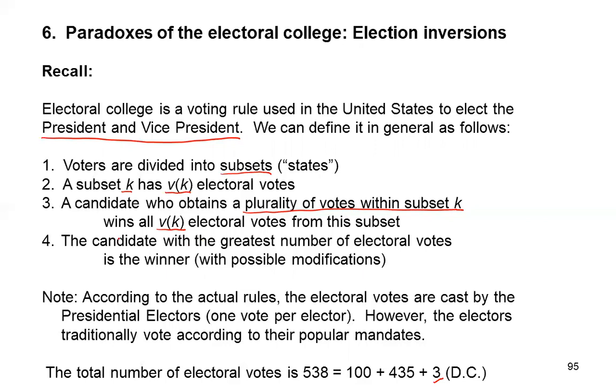I think 3 states deviate from those rules. The candidate with the greatest number of electoral votes is the winner, with some possible modifications. Actually, in the United States we need the majority of electoral votes. If there's no majority, then there are tie-breaking procedures in place.